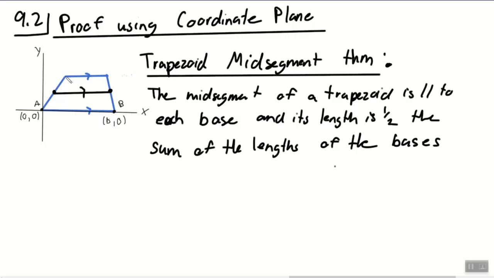Now, I'm going to go in order. This is C, and this one right here is going to be D. I'm going to have to label these two. What would D be?